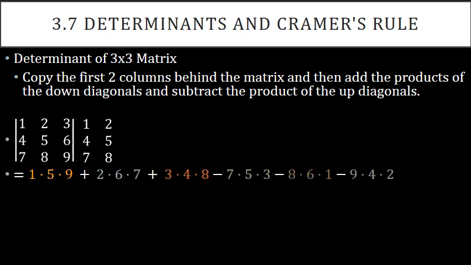Then we have the downward diagonals, 1 times 5 times 9, 2 times 6 times 7, 3 times 4 times 8. Notice the downward diagonals are added together. Then we have the upward diagonals. Notice the upward diagonals are going to be subtracted.